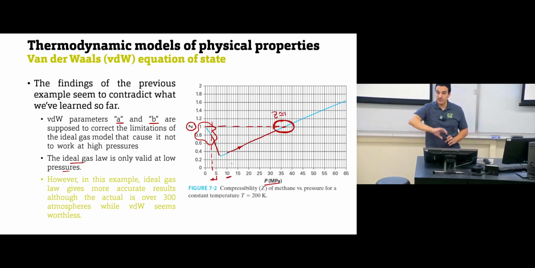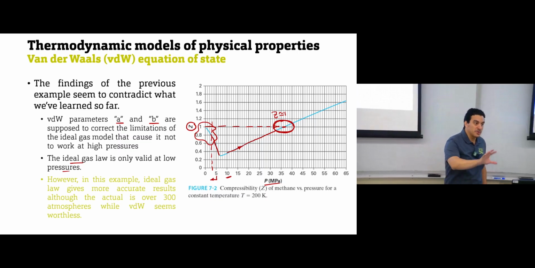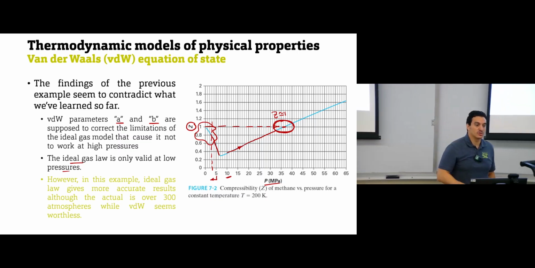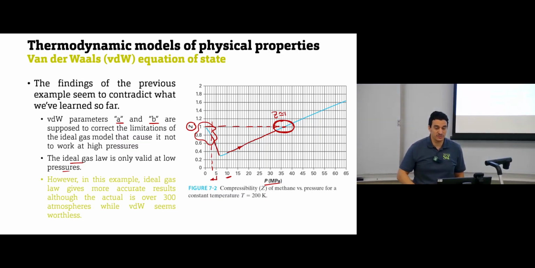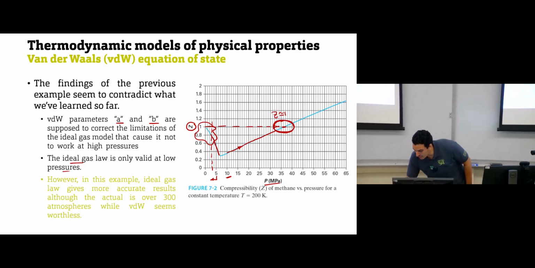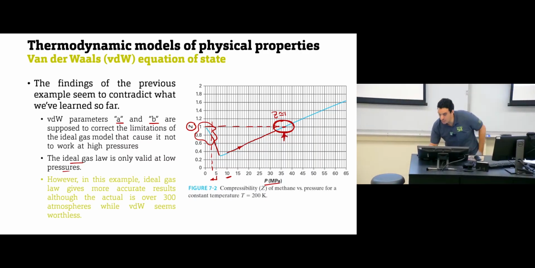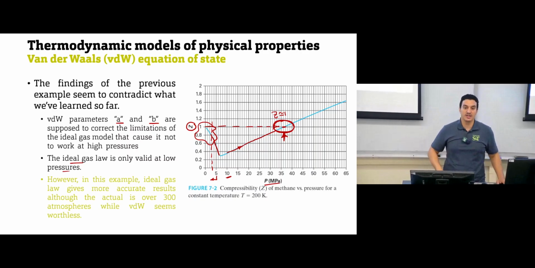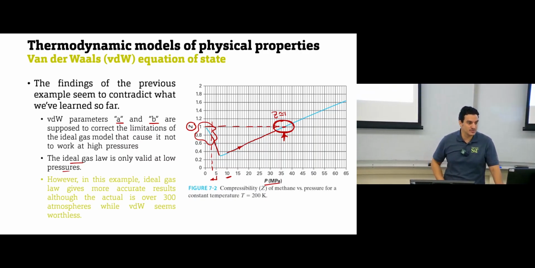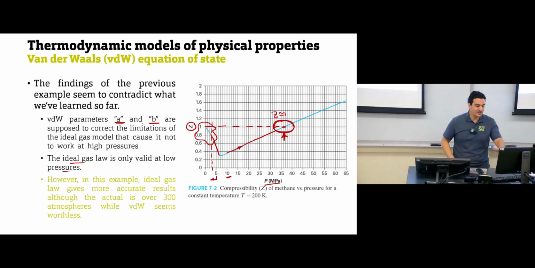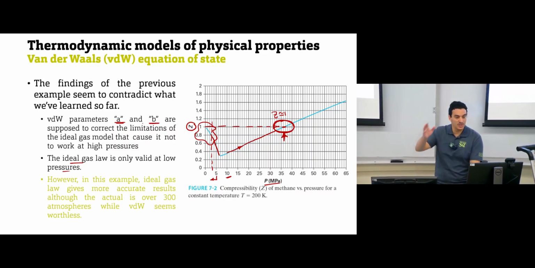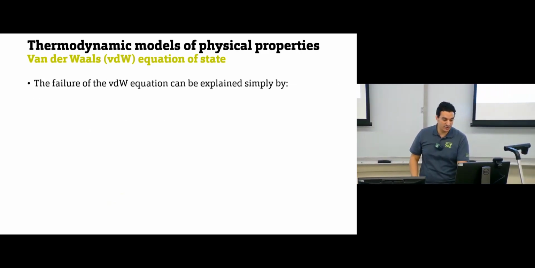Even though there's an extremely high pressure, the compressibility factor is close to 1, so you can still use the ideal gas equation of state. This was the case of the problem we have. We are making the calculations within this region, which is why the ideal gas law gives accurate results. But van der Waals, because he assumed that A and B are constant, doesn't account for this pressure variation, so the van der Waals calculations fail here.